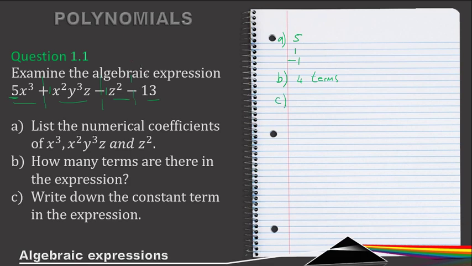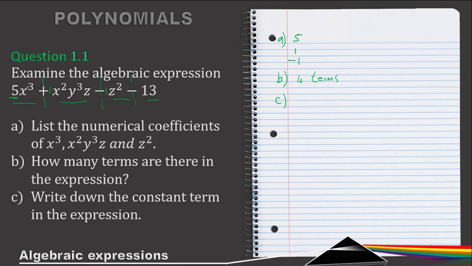For C, write down the constant term in the expression. Now, a constant term is just simply the term that contains no variable, and a variable is a letter of the alphabet, and it's called a variable because it varies, it can change. Because if I put a 1 in place of x, and remember these variables, they represent numbers, that means you can put a number in there and then it will change the value. So if I put 1 in here, we'll have 5.